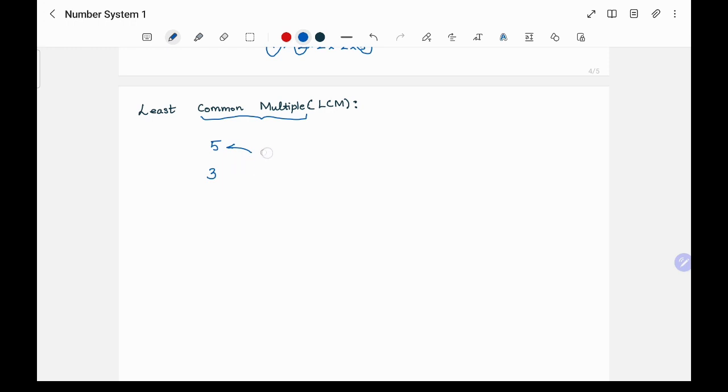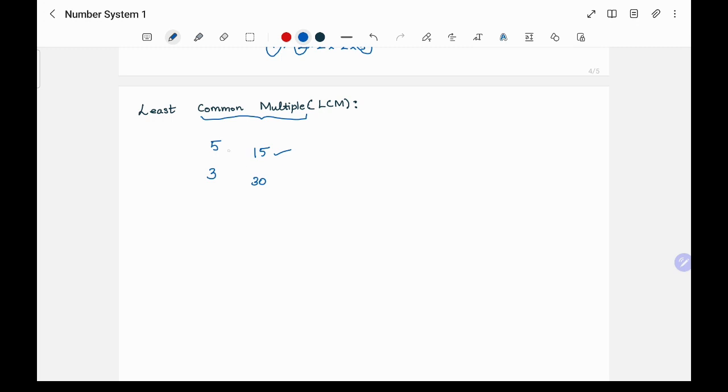The first number, let's say 5 itself, is divisible by 5. It is a multiple of 5, but it is not a multiple of 3, right? 15, if you take, is a multiple of 5 and it is also a multiple of 3. So 15 is a common multiple of 5 and 3. So this passes. Let's take 30.